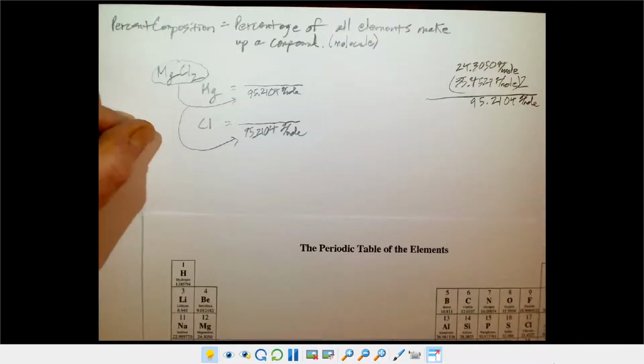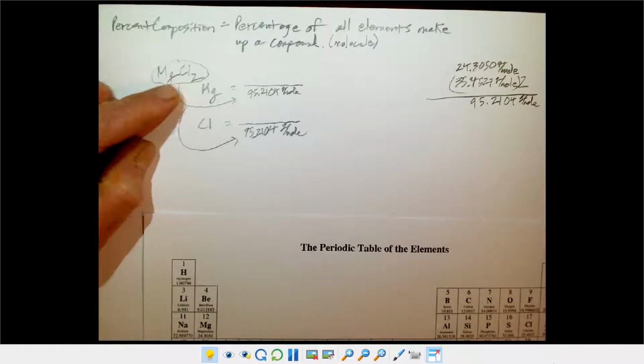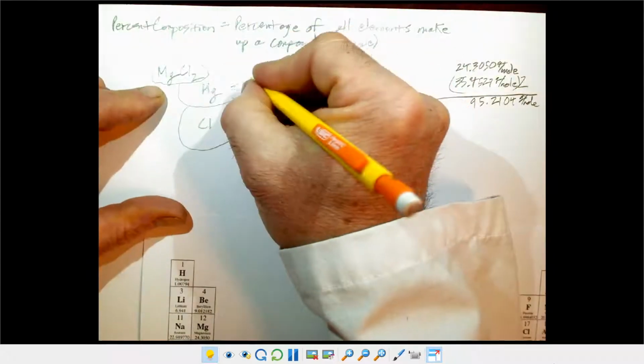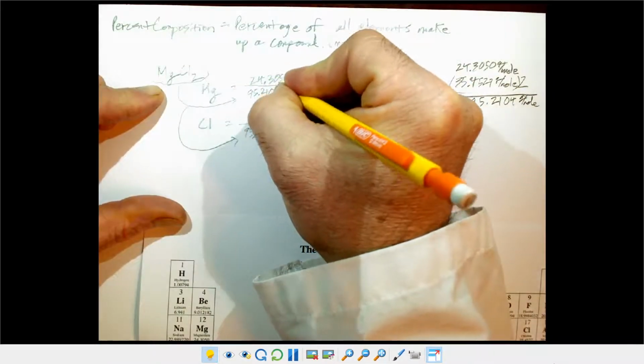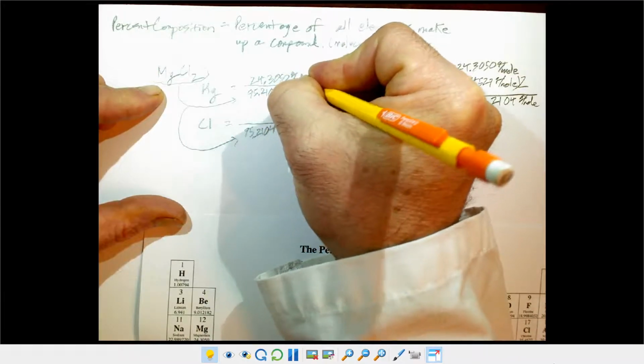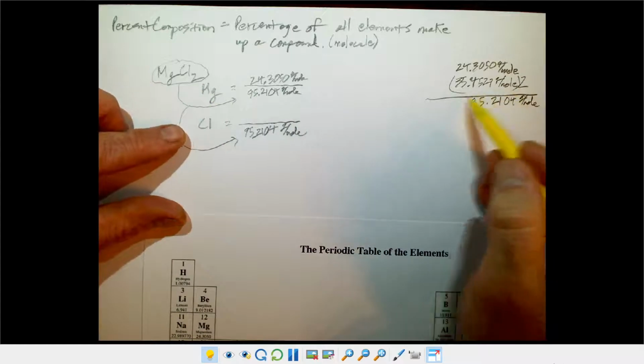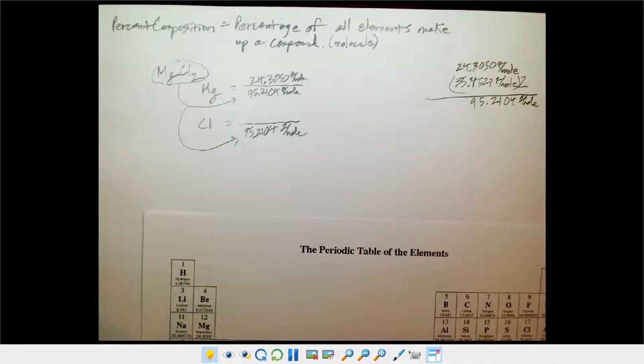Now what's going to go in the numerator? Well, what's going to go in the numerator is just the element itself, so the molar mass for that. So we said that for magnesium, it was 24.3050 grams per mole. And for chlorine, don't forget you have to double because of that too. So when we do that, we're going to get like 70 something.